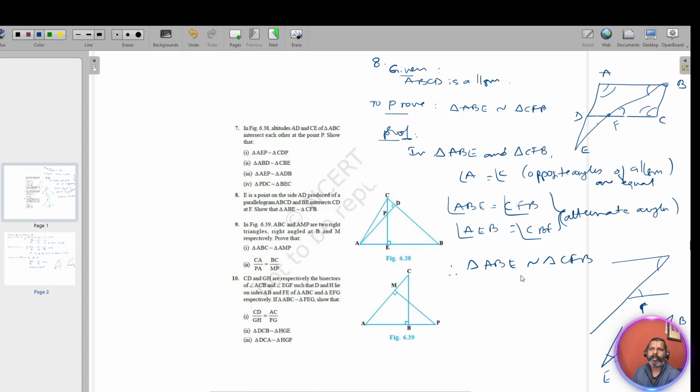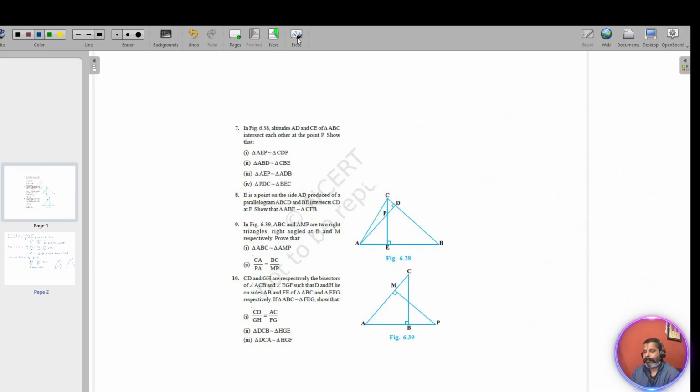Otherwise, since I wrote three angles here, I can say AAA similarity. Okay. Please observe the alternate angles only here. One is opposite angles A and C, and two alternate angles. Okay. Hence proved. We conclude that. We move to the ninth one.